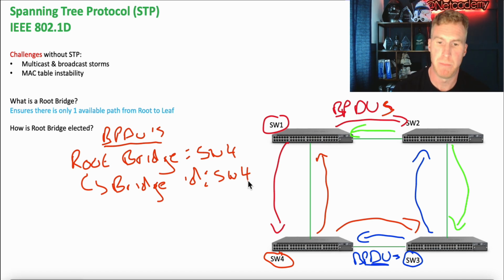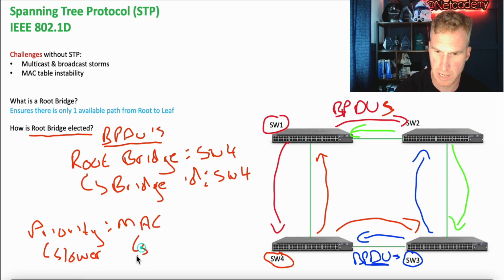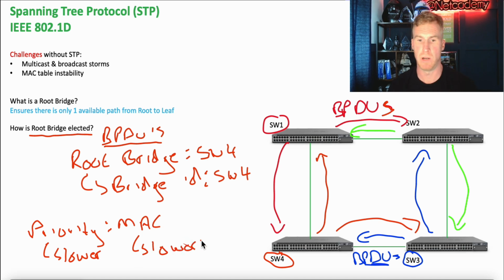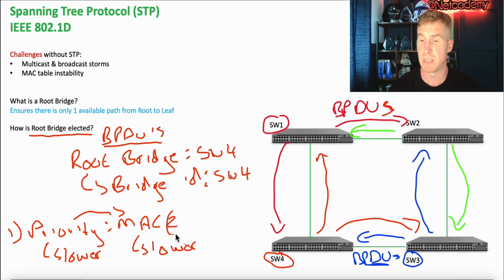But again, remember, how is a root bridge actually elected? It comes down to the priority first, and then who has the lower MAC address. In both cases, lower wins: the lower priority wins, and if there is a tie, the lower MAC address wins as well. So first it will look at the priority, and if the priorities tie, it will then look at what is the lowest MAC address.